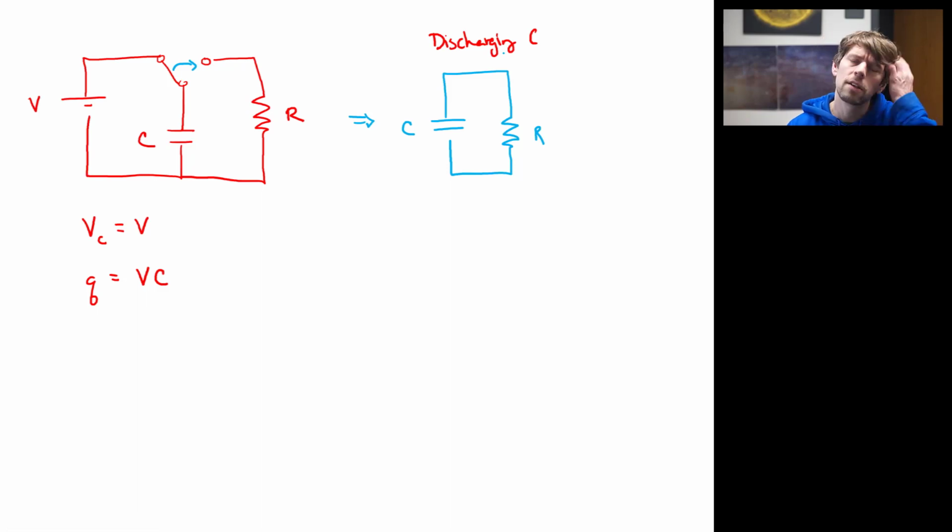Let's see if we can apply Kirchhoff's laws to analyze this circuit. First of all, thinking about how we charged up the capacitor in the first place, we know that the top plate must be the high potential side, the bottom plate the low potential side. If you don't know how the capacitor was charged up, just arbitrarily choose a side, and then be consistent with it.